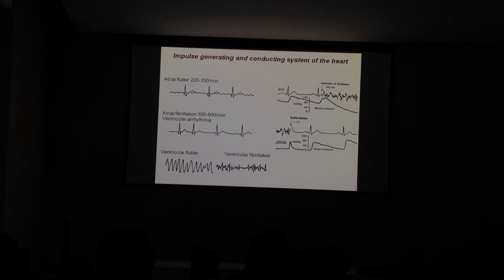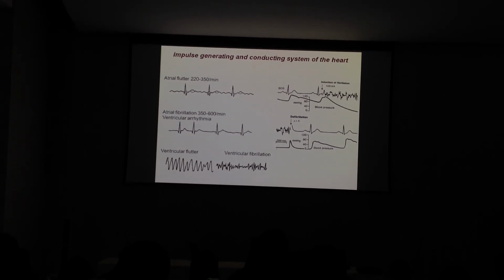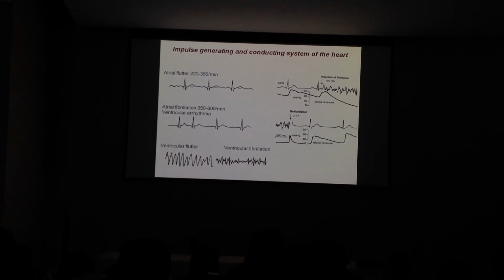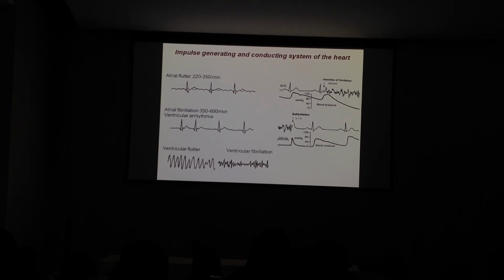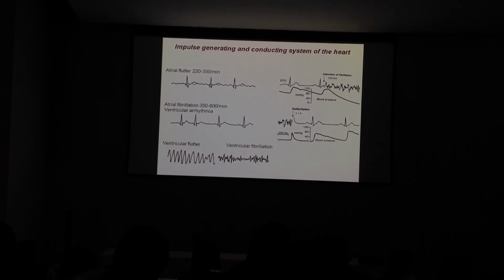I mentioned when we first spoke about the fibrillation that there are two different frequencies. We can speak about atrial flutter. The flutter means that the frequency is 220 to 350.